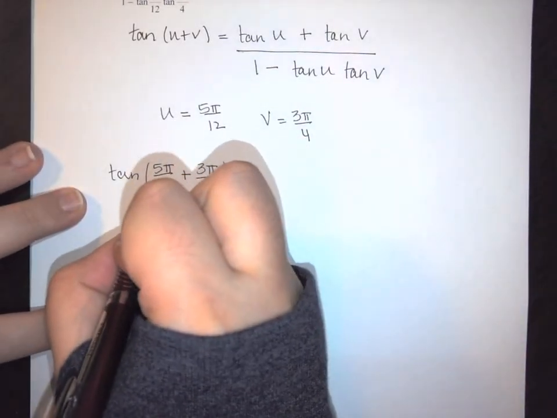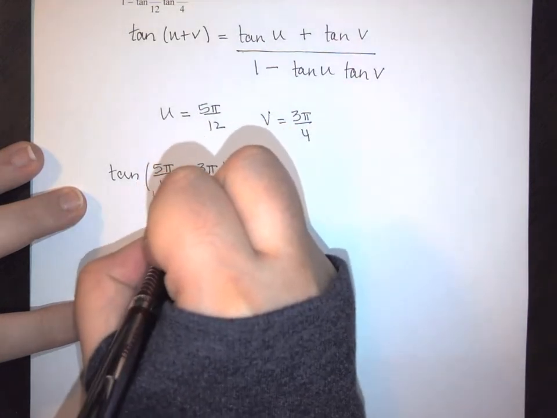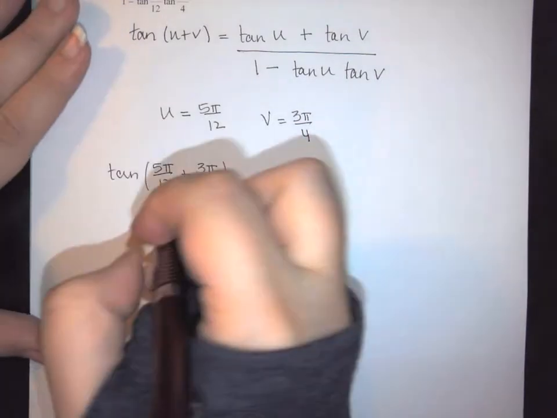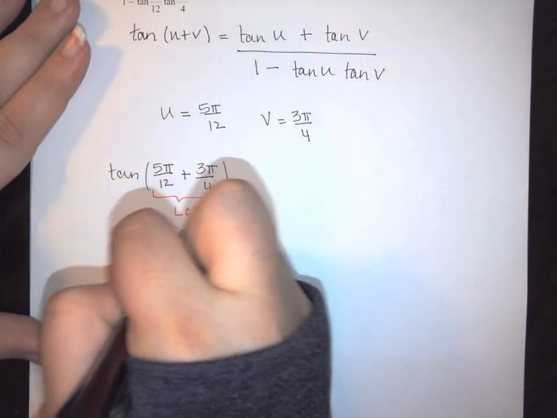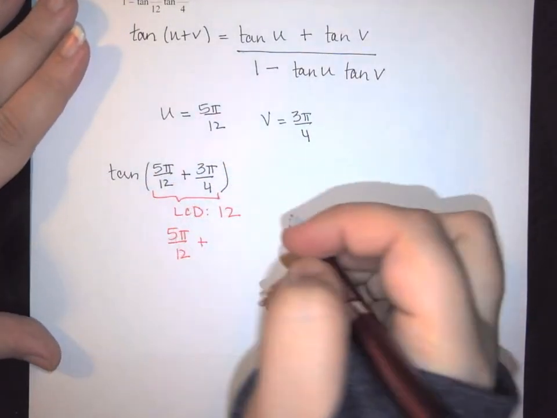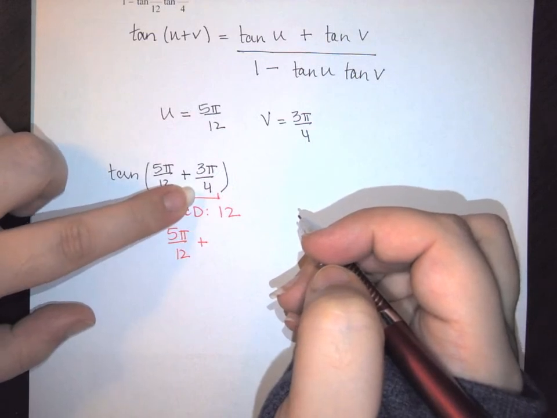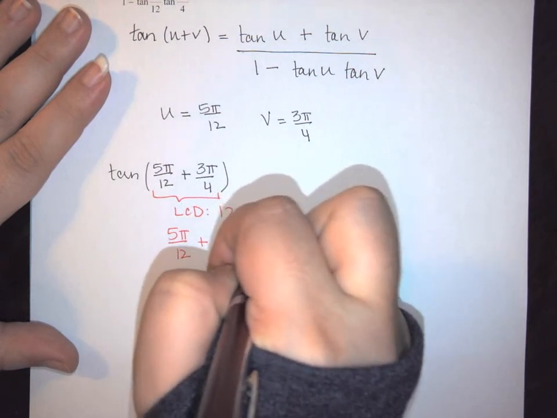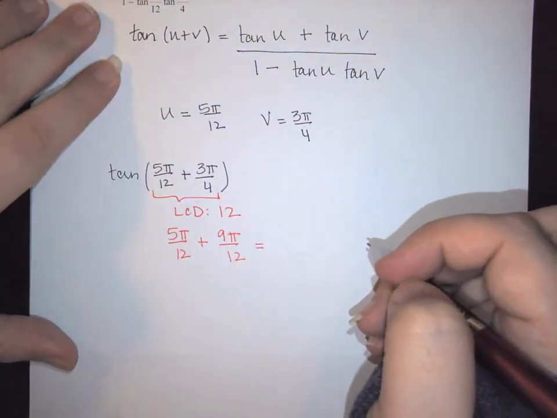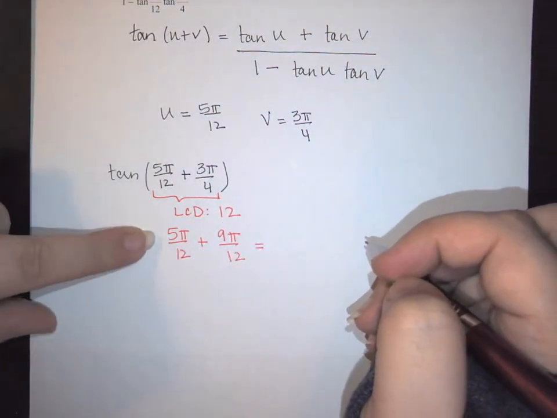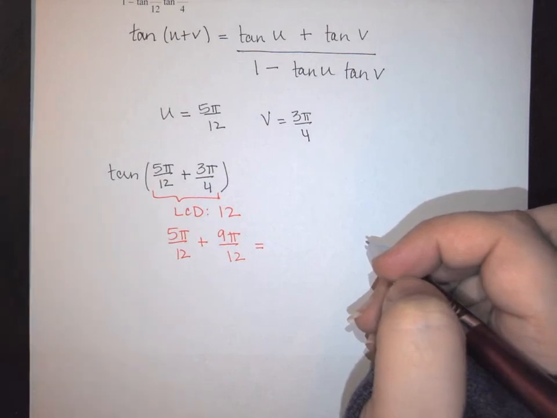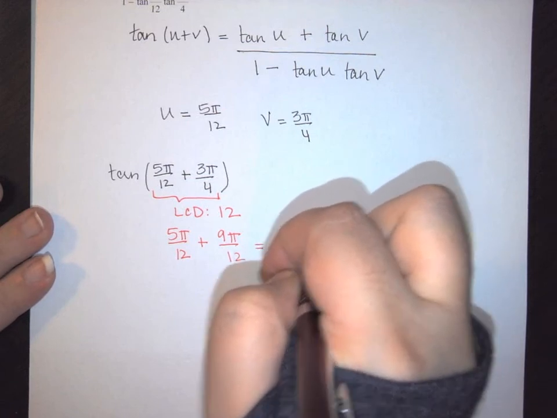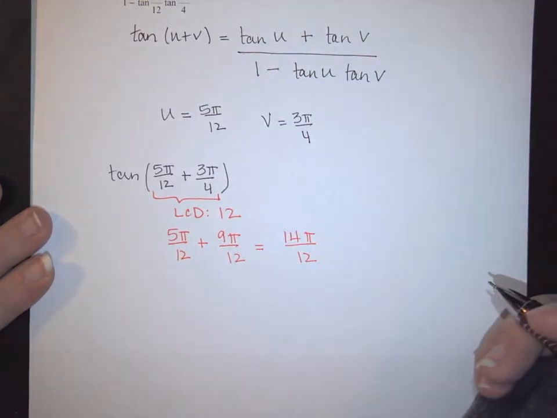So right in here, we're going to do a little bit of work. Again, we need a least common denominator, which is going to be 12. So this is going to be 5 pi over 12 plus, to turn 4 into 12 we multiply by 3, so this is 9 pi over 12. When we add that together, we have 5 plus 9, so this is going to give you 14 pi over 12.